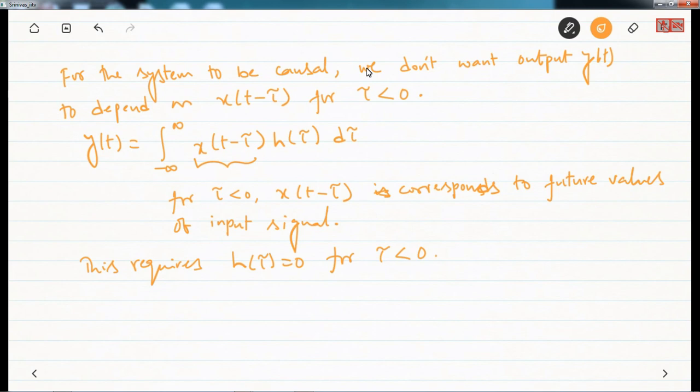As per this equation, the output depends on x of t minus tau, and when tau is less than 0, that means the output depends on the future input values. We don't want the output to depend on the future input values. So we don't want x of t minus tau for tau less than 0 to contribute to the output. So we want h of tau to be 0.